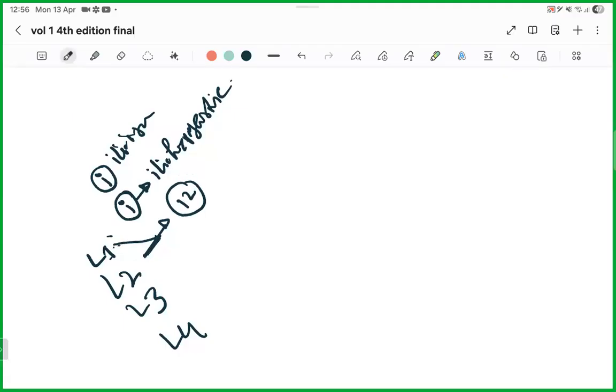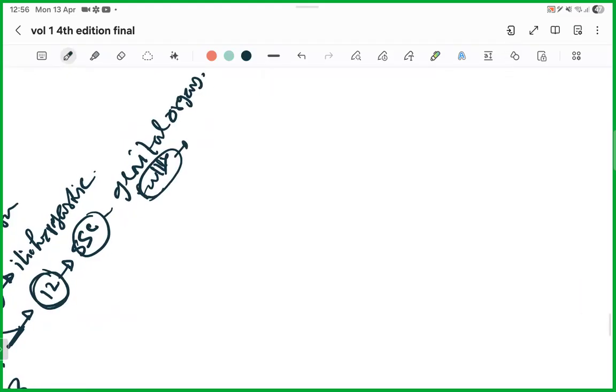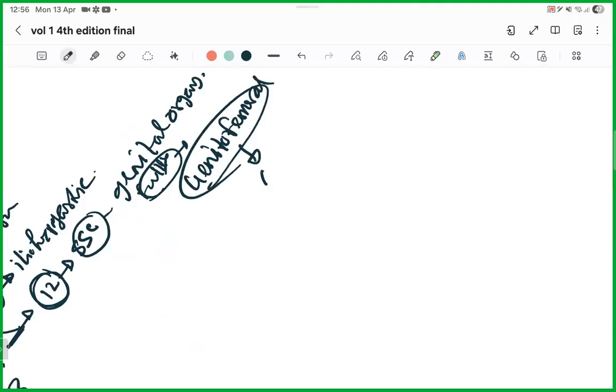That is 12. 12 is the age we get secondary sexual characteristics, when our genital organs fully mature. So from L1 and 2 we get genitofemoral, that has two branches, genital and femoral.